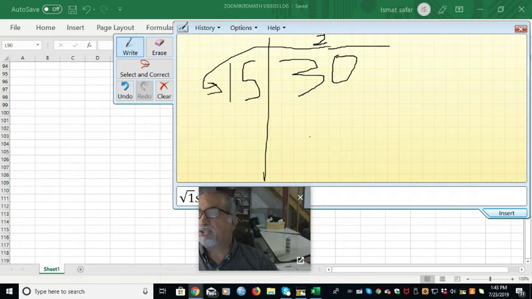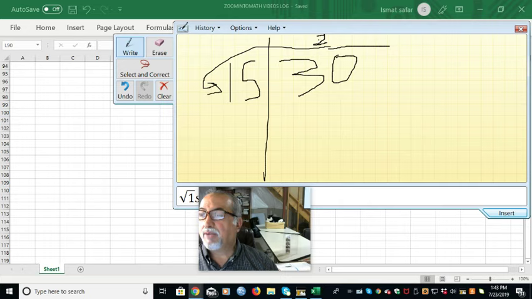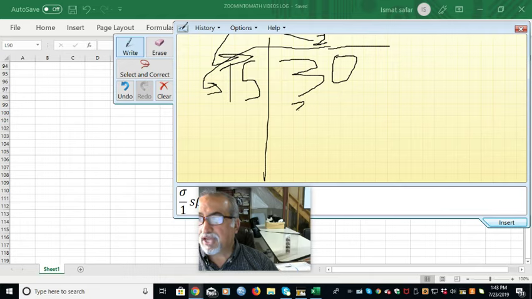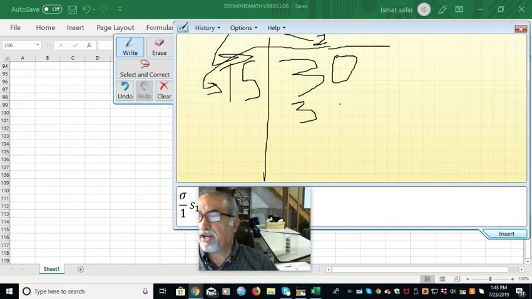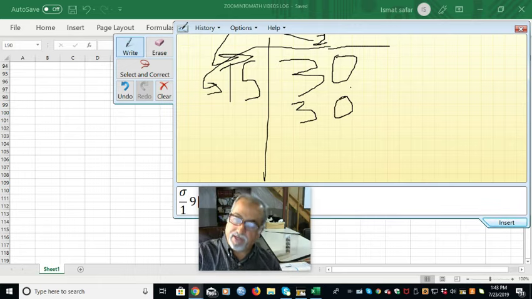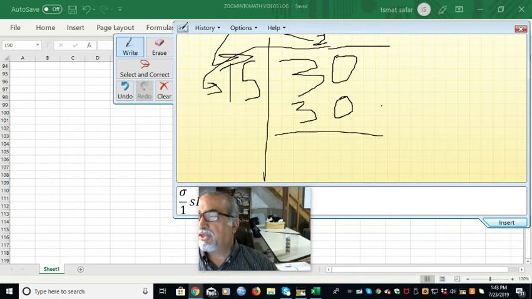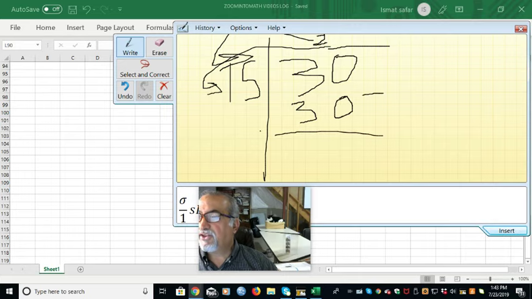So there are 2 fifteens in 30. We multiply 2 times 15, which is 15 plus 15, so 2 times 15 is 30. 30 minus 30 is 0.